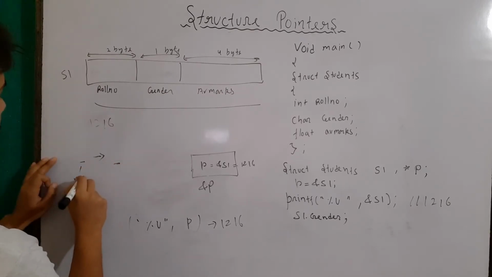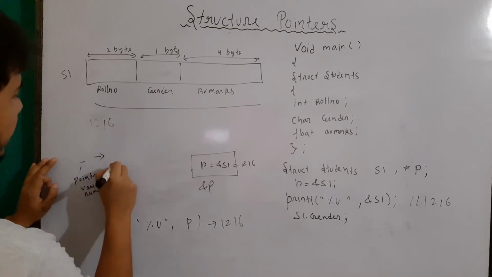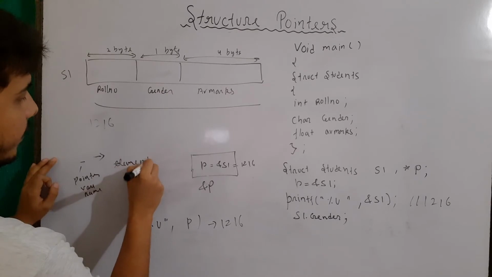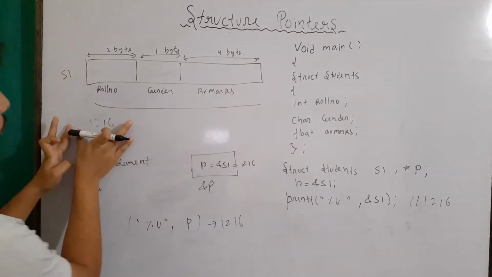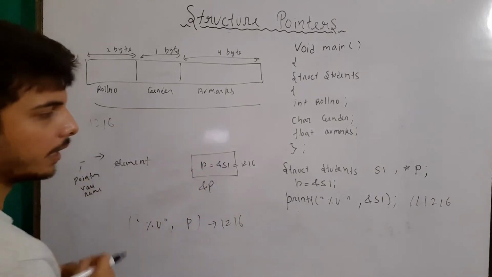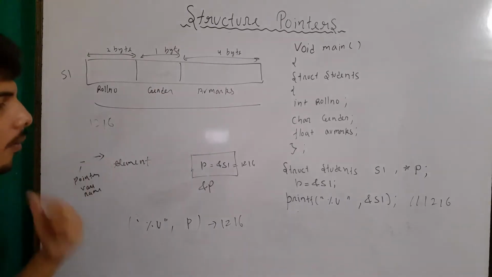So now our structure pointer variable is pointing to the base location of our structure variable, and to access any element we use the arrow operator.